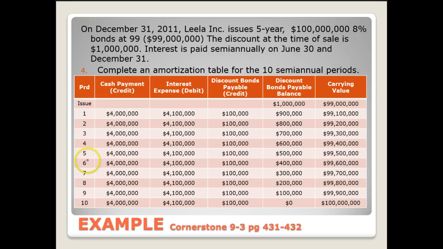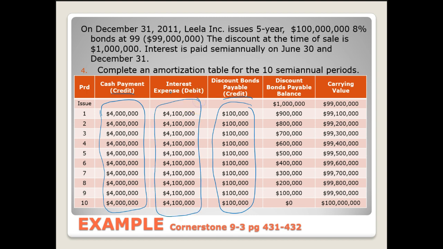Every single interest payment period, if you notice, is always going to be $100 million times 8% coupon interest times 6 divided by 12 months. It's always going to be $4 million. And I'm always going to have $100,000 of discount amortization every single interest period, because we are using a straight line method, so it should be the same interest payment and discount amortization per period, which means my interest expense that I book as a debit for every single 6-month interest payment period will always be the sum of $4 million plus $100,000.